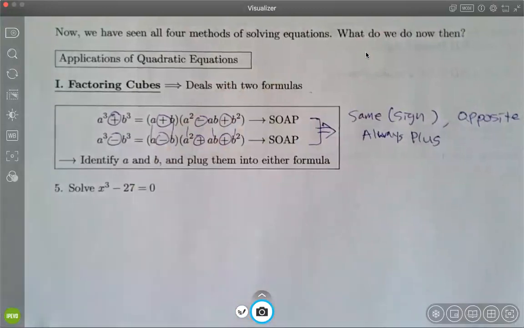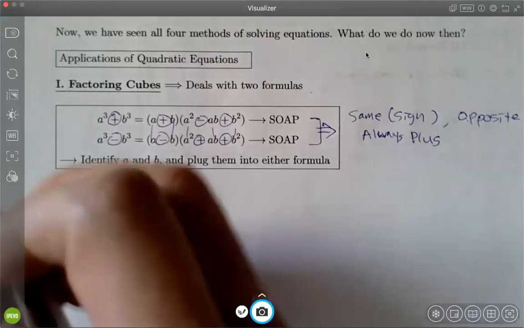So why are we talking about cubes even though we are talking about quadratic equations? Number 5: solve x cubed minus 27 equals 0. Let's try to use one of the two formulas.